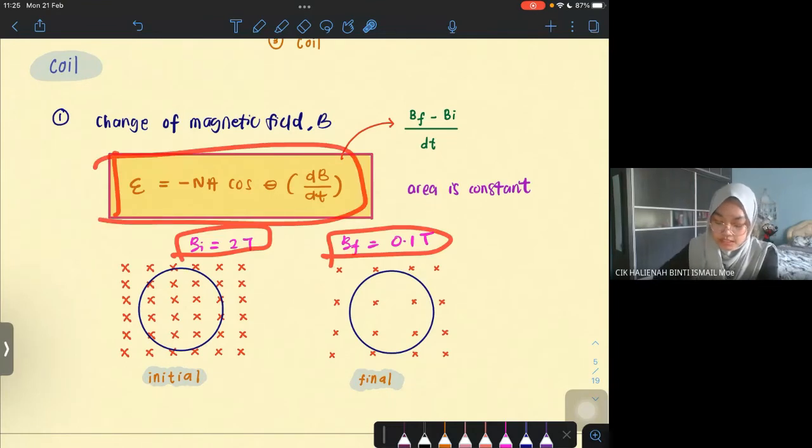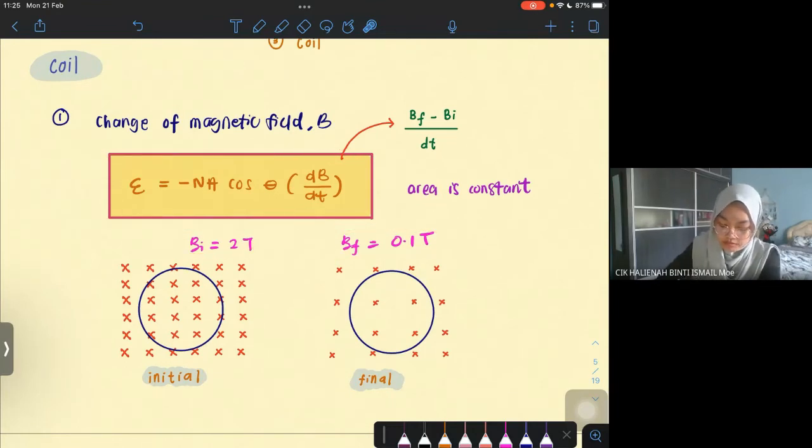So this will be the formula, where still we ignore the negative one. N here is the number of turns, A is the area, and this one is dB over dt. Theta here is the angle between the area and the magnetic field.